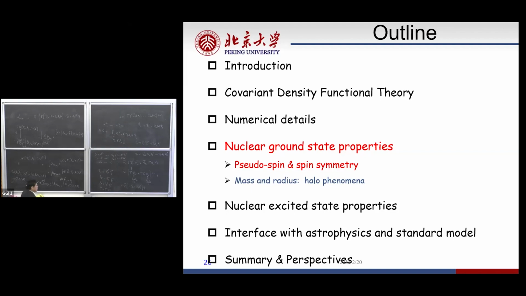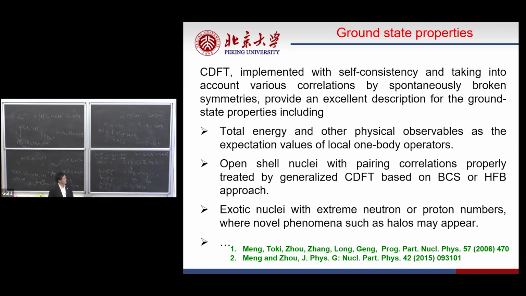Okay, fine. So we will see that now we were talking about pseudospin symmetry and spin symmetry, right? The pseudospin symmetry and spin symmetry are, so to say, the ground state properties. Of course, from the density functional we have now built up, in principle we can already describe all the ground state properties.